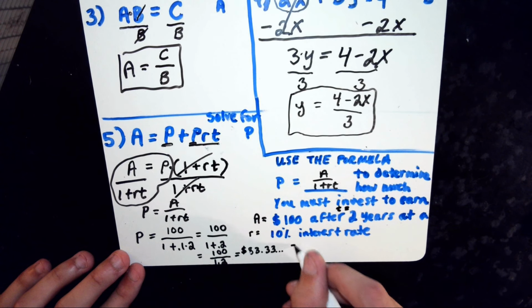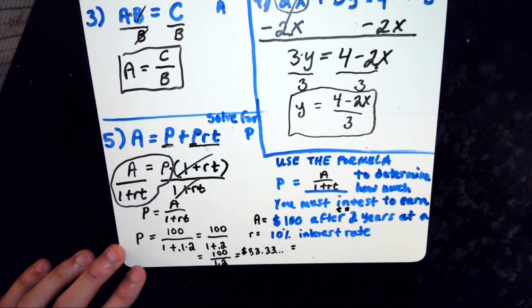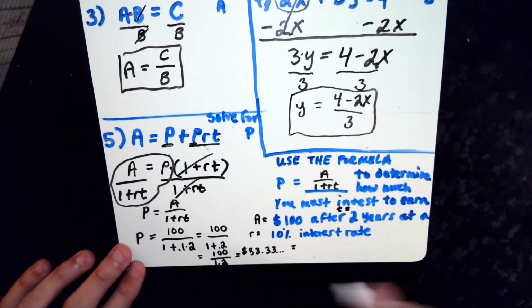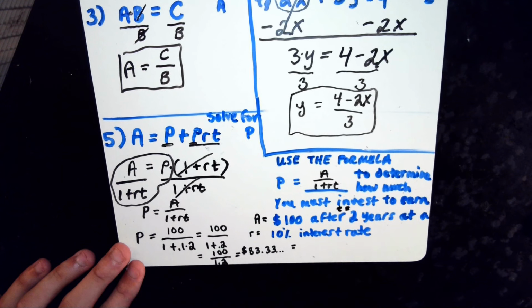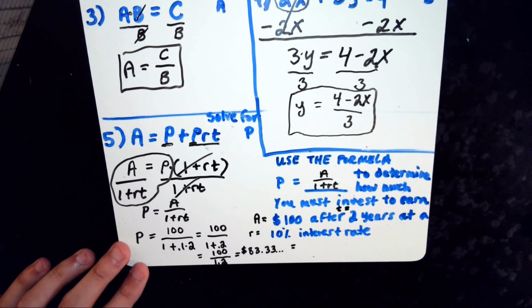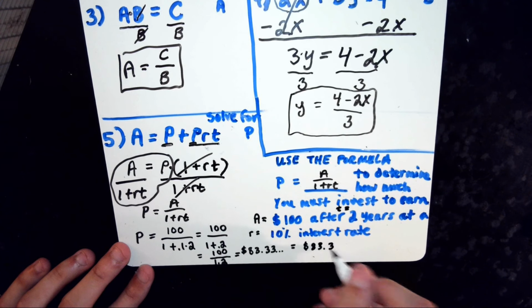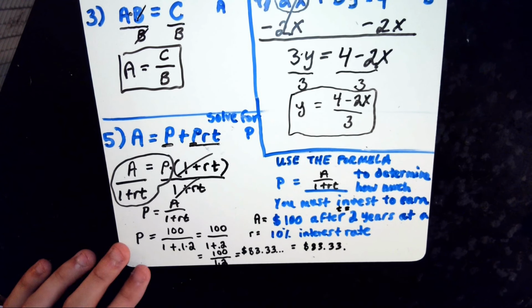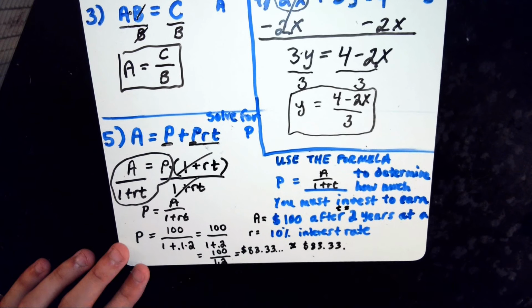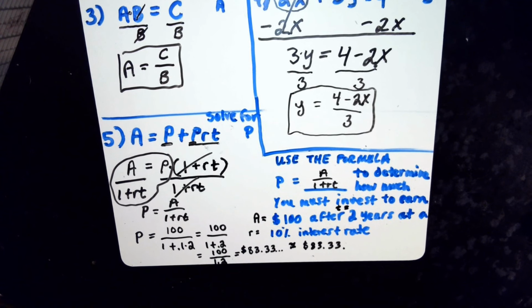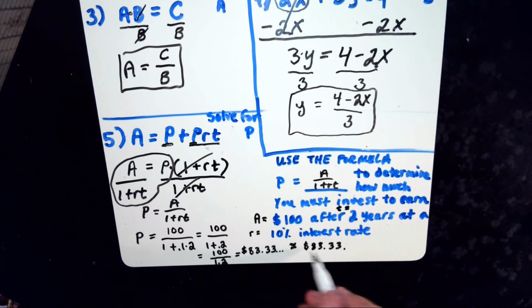Because we're working with money and we can't really have repeating decimals with money, usually they round things off. So we can say that this is approximately $83.33. We just round to the nearest hundredth with money because we want to talk about dollars and cents.